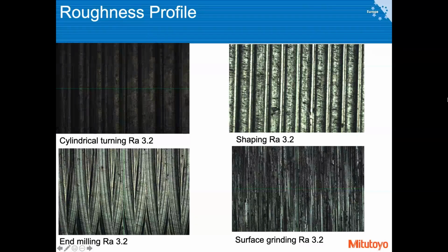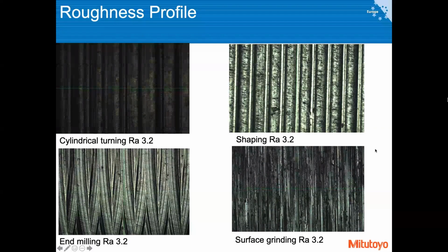You can see that after measurements, all of them are quite the same if we compare the measurement results. But it is also, I think, very easy to imagine that this surface and this one and this one and this one will behave slightly different in certain applications.